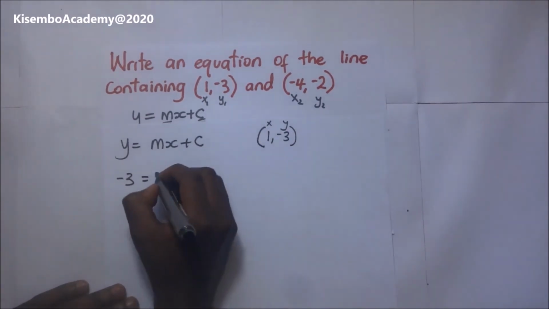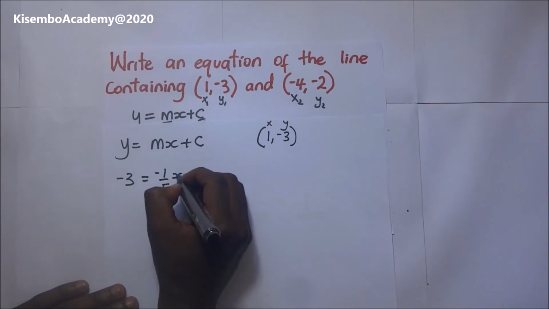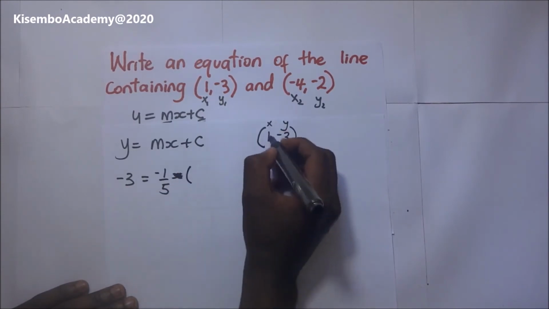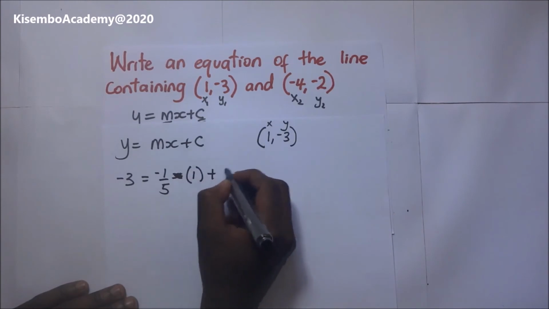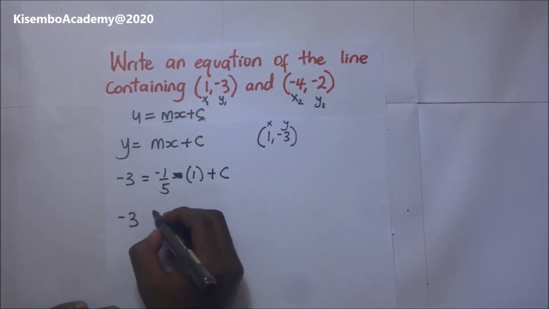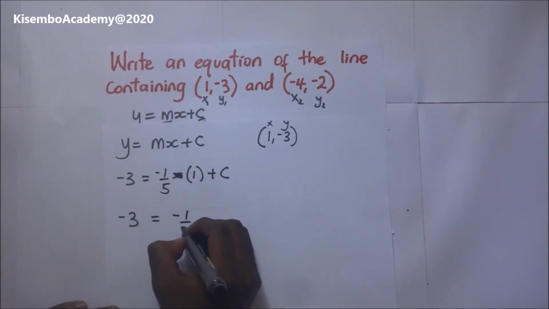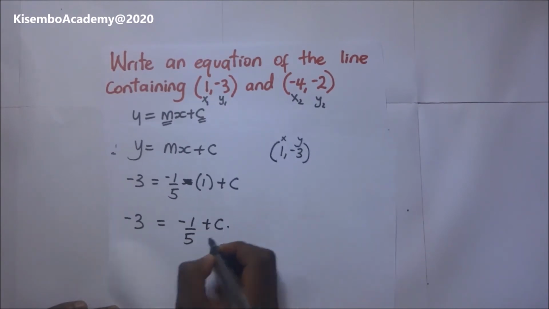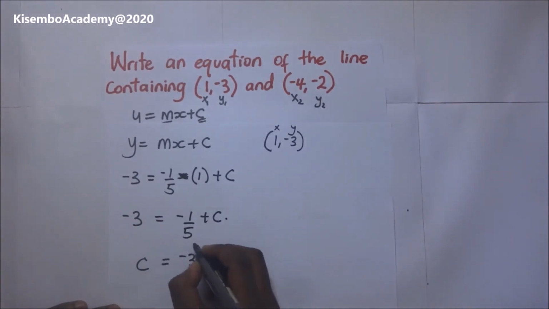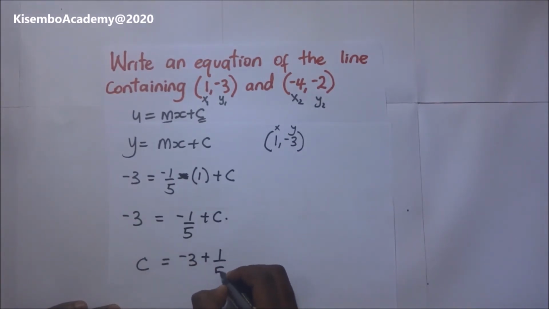So it's going to become -1 over 5 x. Our value of x here is 1 plus c. So this is going to become -3 is equal to -1 over 5 plus c. So making c the subject of the formula means it's going to be -3 plus a fifth.